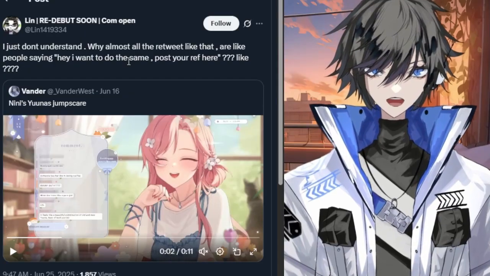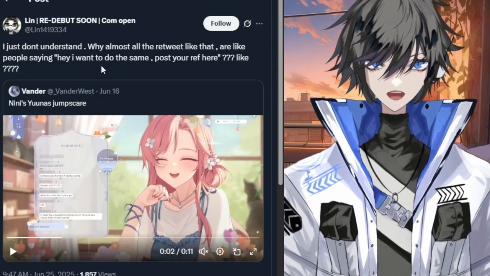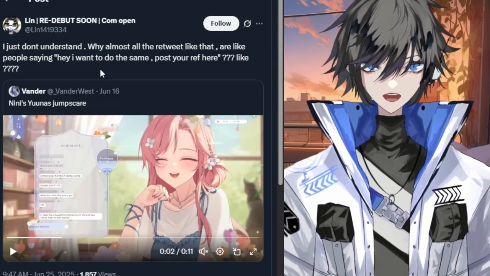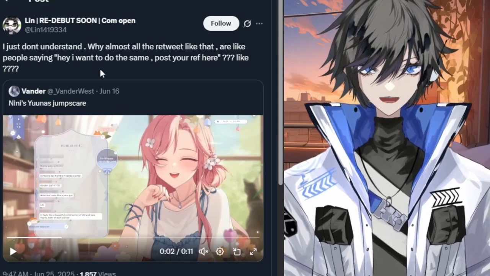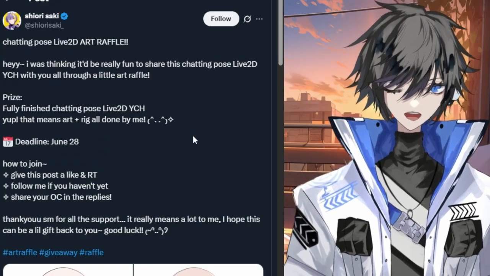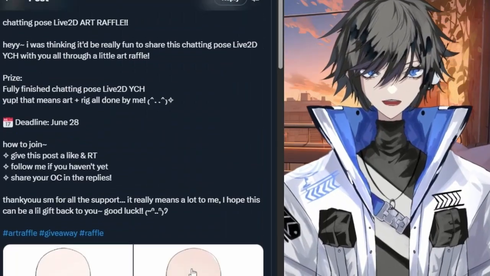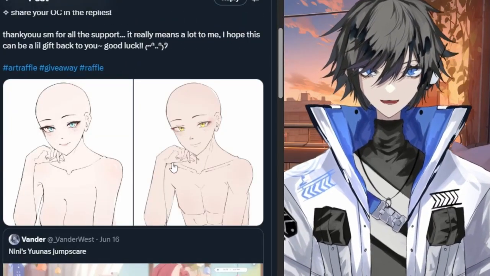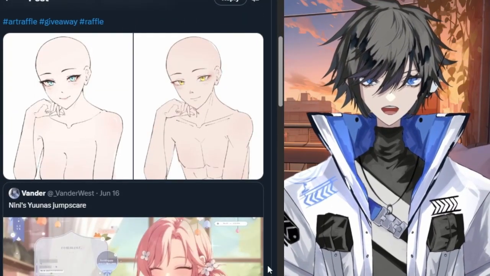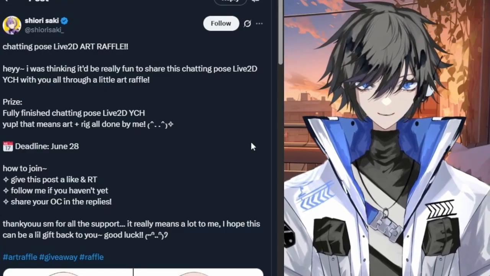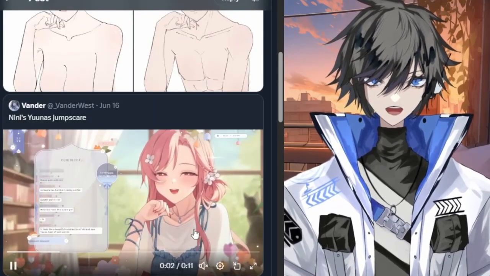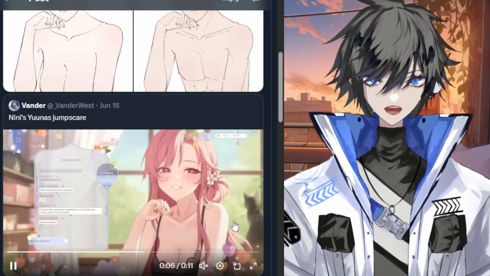I know there are people saying they don't understand why almost all the retweets are people saying, hey, I want to do the same, post your ref here, blah, blah, blah. This is common behavior. What is not common behavior is tracing the artwork and then making YCH bases like this one, where it's clear that it is traced. Now, I'm not saying this specific tweet is tracing Nini Yuuna's artwork in this scene right here.